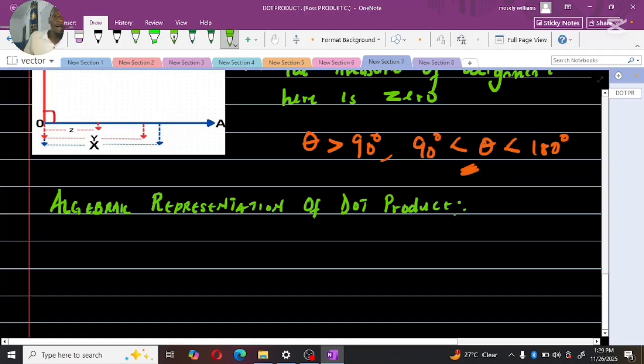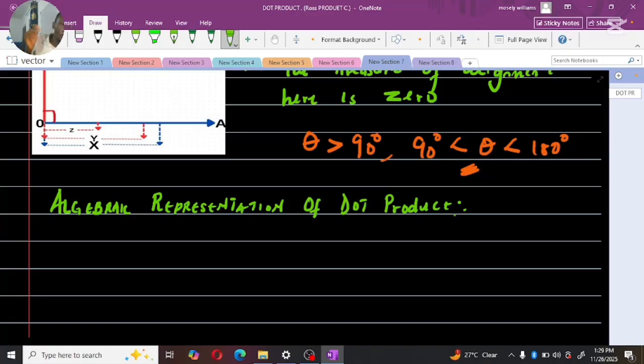So we want to talk about the algebraic representation of the dot product. Now, how do we represent dot product algebraically?